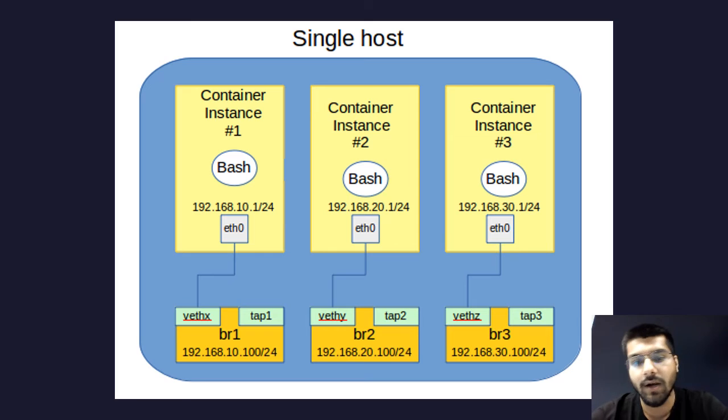So here is the single host setup, where we have one Docker container, having instance one in it, and it works on BR1, that means any system. On the other hand, there is another instance too, which is another Docker container, but these are not connected with each other.